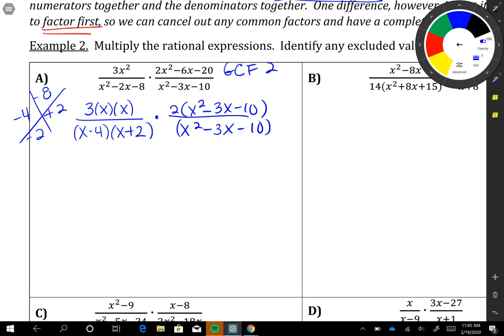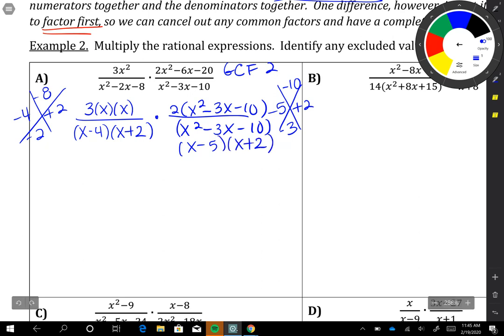So those are definitely going to cancel. However, because we have to identify the excluded values, we still want to factor that expression. So what multiplies to negative 10 and adds to negative 3? That would be a negative 5 and a positive 2. So x minus 5 times x plus 2.